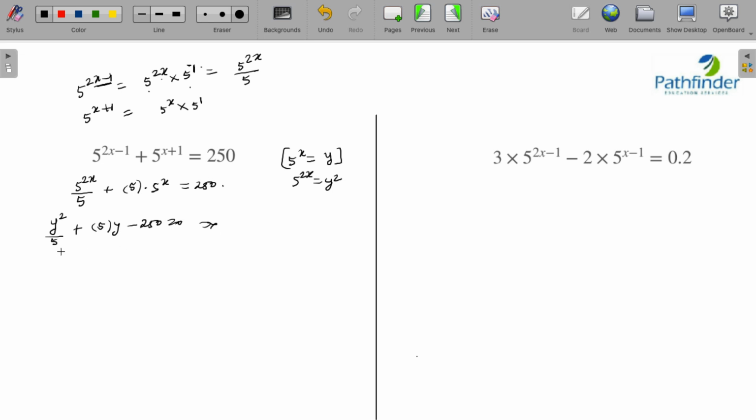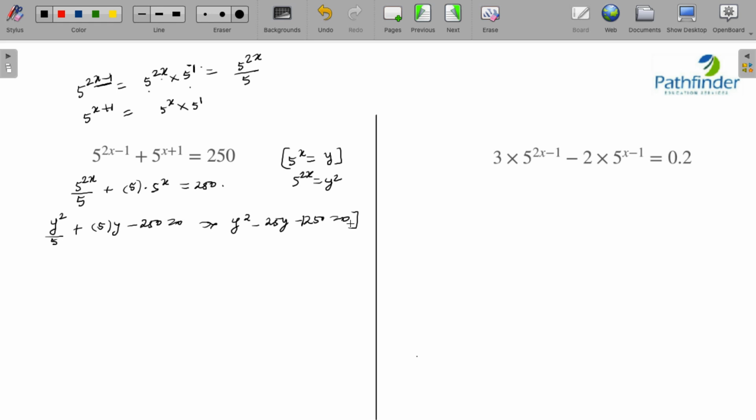And on simplifying this by multiplying the whole equation by 5, we'll get y square minus 25y minus 1250 is equal to 0. 250 multiplied by 5 is 1250.